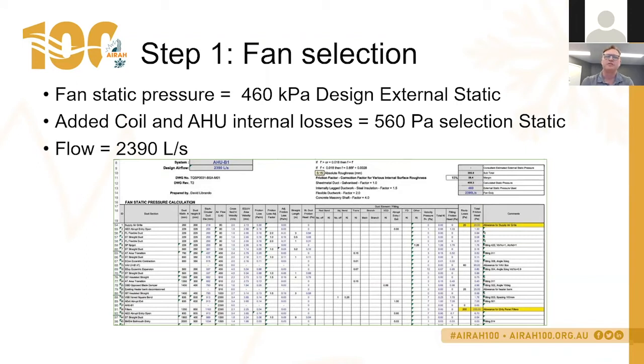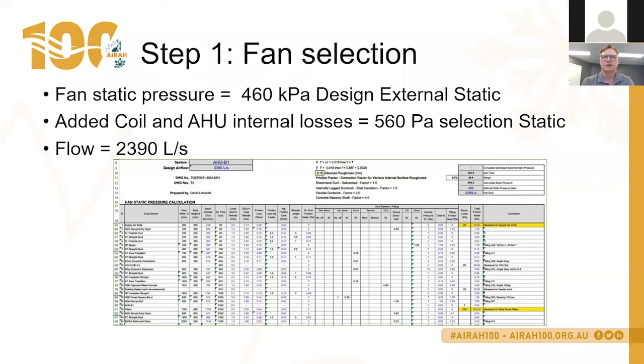From a compliance perspective, for the efficiency, what you will end up with is a slightly lower design external static plus the coil. So when using the calculator, the coil is added in to that compliance calculation. But when we select air handlers from suppliers, the supplier will typically make the air handler and coil allowance calculation, and we supply them with the external static pressure.